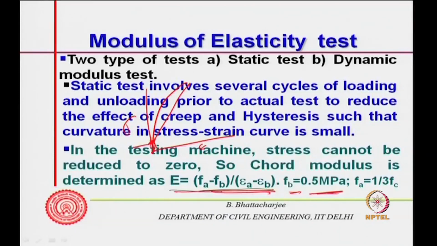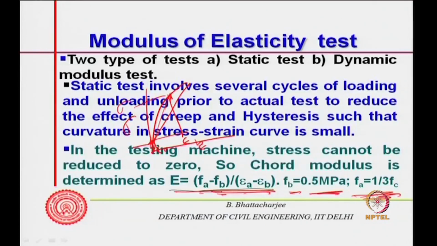So, corresponding to minimum stress of 0.5 MPa, then up to 1/3 Fc, which is within the range prior to severe micro cracking. So, F a minus F b over epsilon a minus epsilon b. So, you find out this is your epsilon b, this is epsilon a, and sigma or f or whatever you call it.